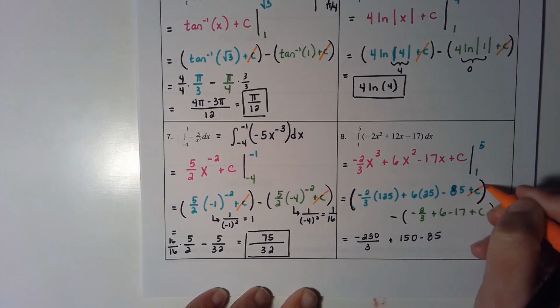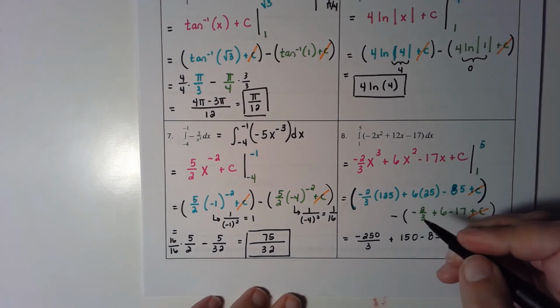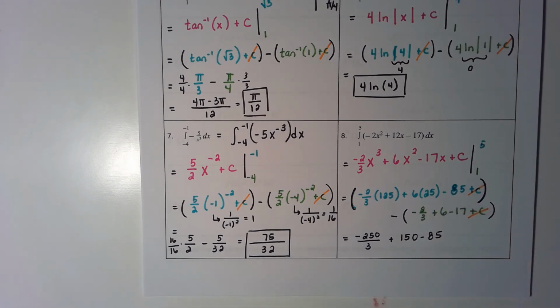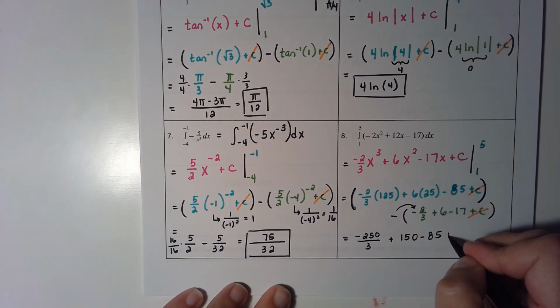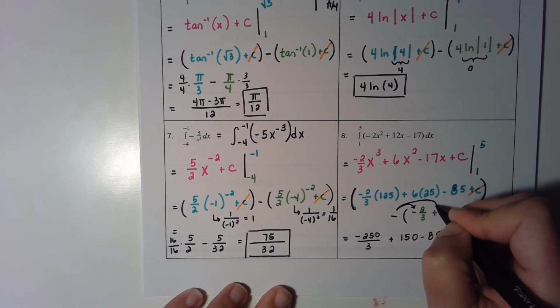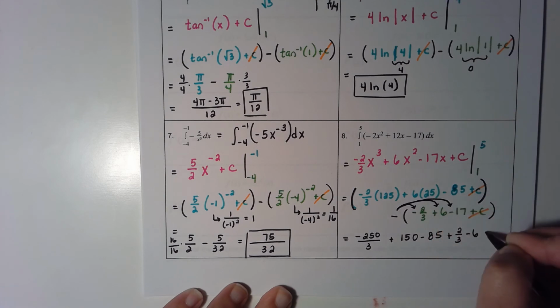The c's obviously cancel, just like they did in all the other problems. And now I have to be careful and make sure, this is where a lot of students get stuck. You have to make sure to distribute this negative. So it would be plus 2/3 and then minus 6 and then plus 17.